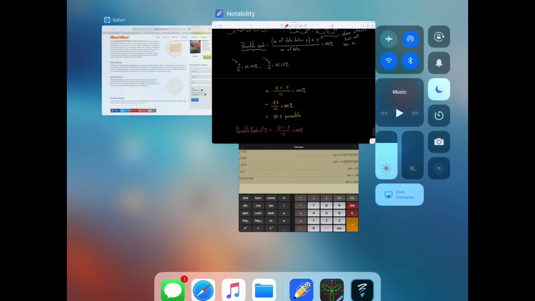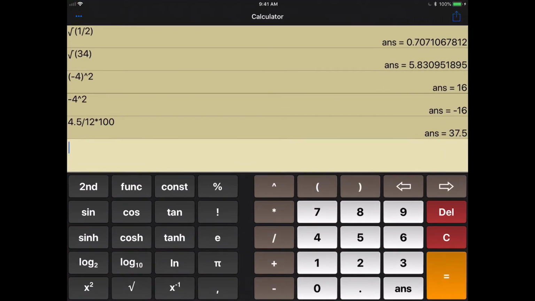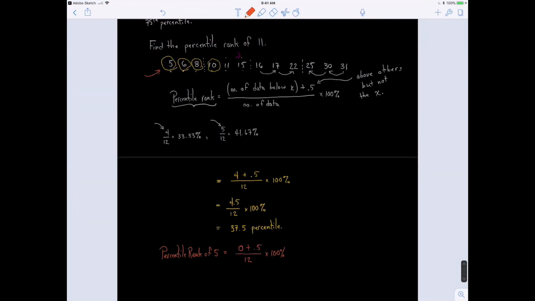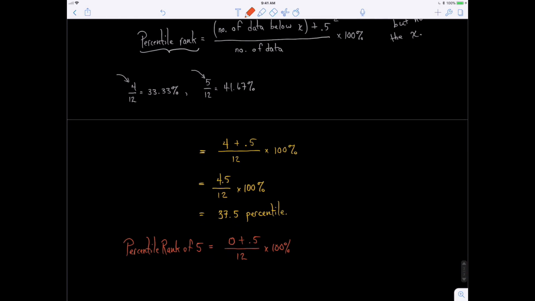That would be 0.5 divided by 12 multiplied by 100, and we would say that you are in the 4.17 percentile. So a data value of 5 is in the 4.17 percentile rank.